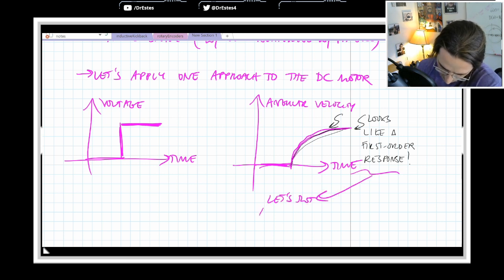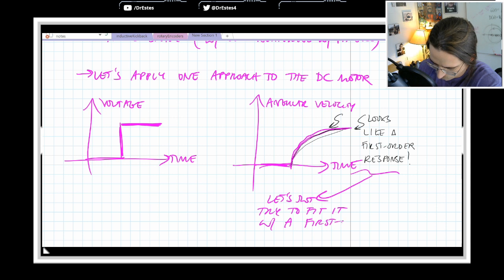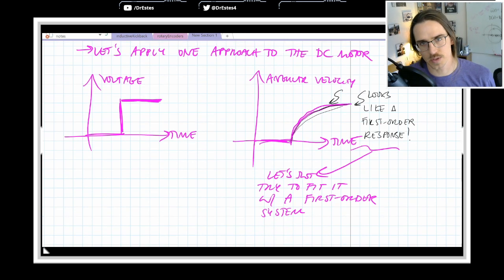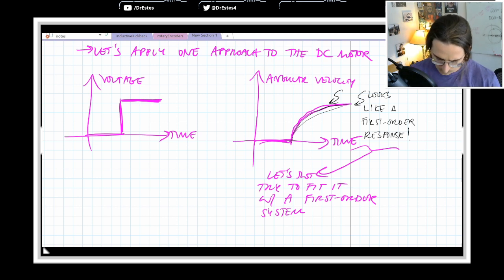Let's just try to fit it with a first order system. For a lot of system identification approaches, you at least have to assume an order of the system. And so we're going to assume a first order.